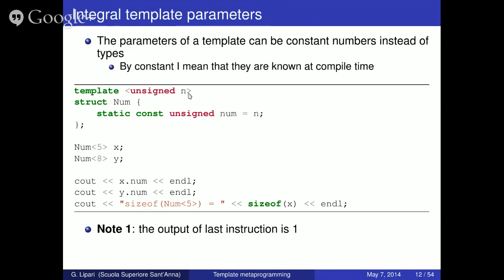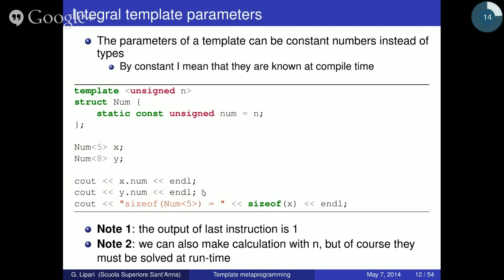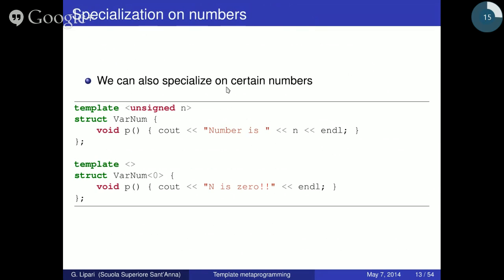A constant can be a parameter of a template. You can also make a calculation with n, but of course this calculation must be solved at compilation time, not runtime, sorry. You have to solve completely all templates at compilation time. So for example, you can have things like that.